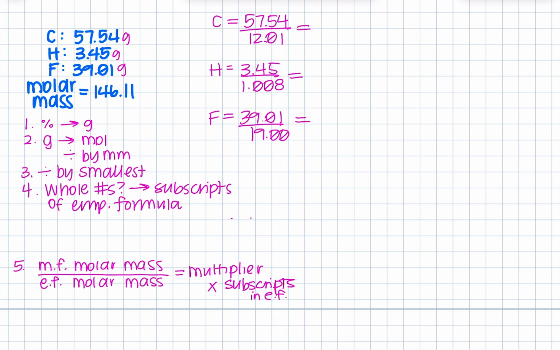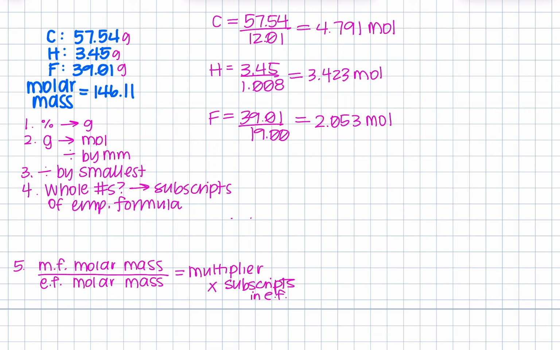So I get 4.791 moles, 3.423 moles, and 2.053. That's step 2. Step number 3, I'm going to divide all 3 of those numbers by the smallest of them.